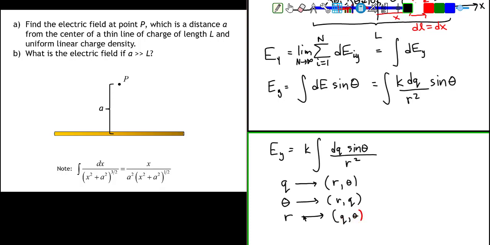And hopefully we can express those in terms of the same unknown. Maybe we express q in terms of r, or if possible in terms of theta. Maybe we express theta in terms of r, or if possible in terms of q. Or we express r in terms of q, or if possible in terms of theta. That's our task.